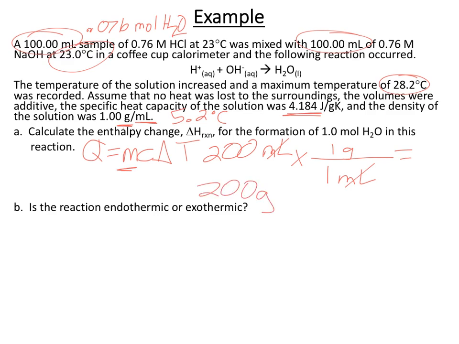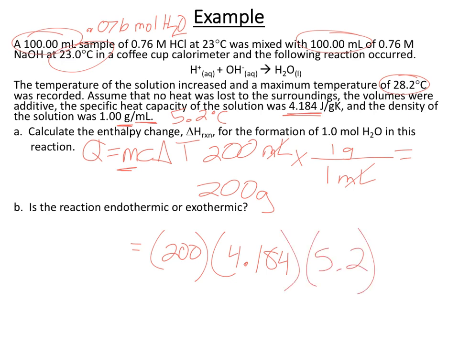Okay, so now I can just plug all that in. So mass is 200 grams. C is 4.184. Delta T is 5.2. And I got this many, and our unit is joules here, right?